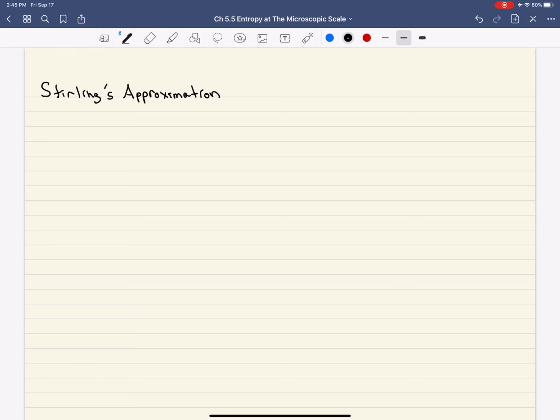In this video, we're going to learn one more trick in order for us to get a usable microscopic model for entropy. We saw that if we had n molecules in a system, the number of different ways of arranging those molecules is incomprehensibly large. But what we could do is calculate the entropy of the system, which is just the natural logarithm of that number.